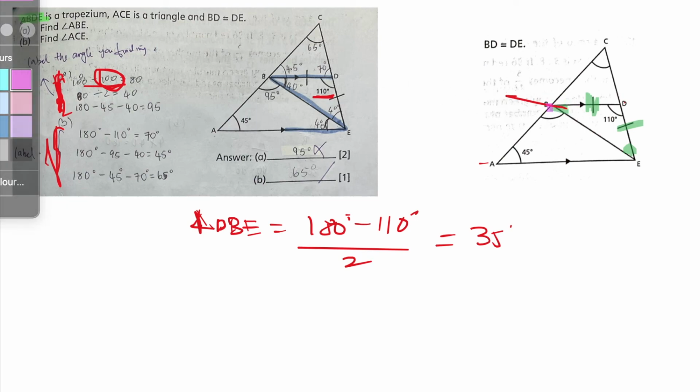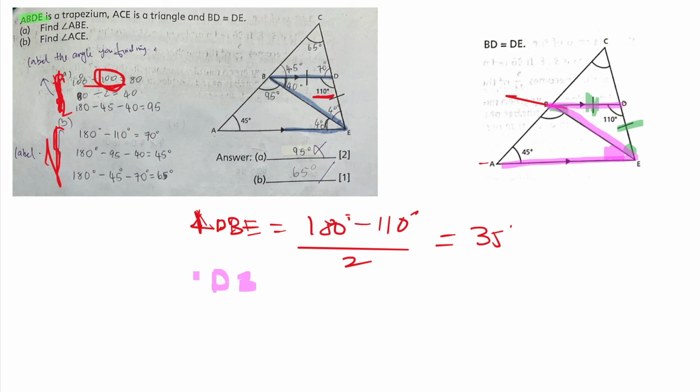Which means that angle DBE is also 35. And then you can easily find this angle.